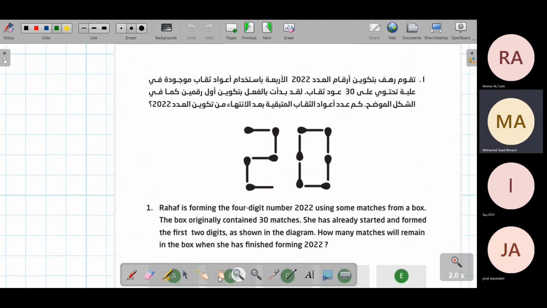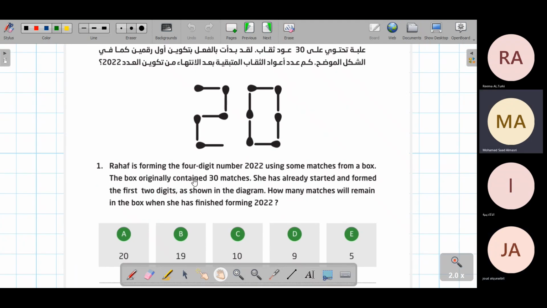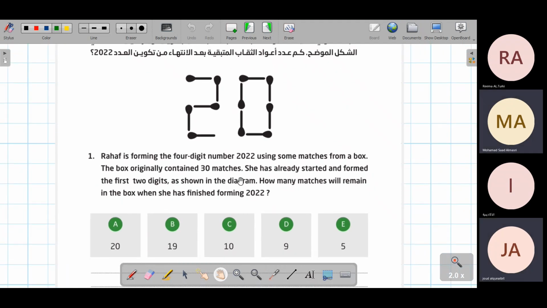Yalla, so Rahaf. Rahaf is forming the 4-digit number 2022 using some matches from a box. The first thing, Jude, when we read the question, we need to read one expression by one expression, one sentence by one sentence. So this is the first one. At the end of any point or any comma, we need to think about this given.